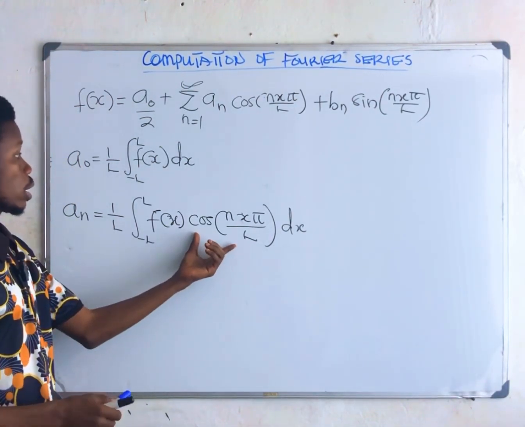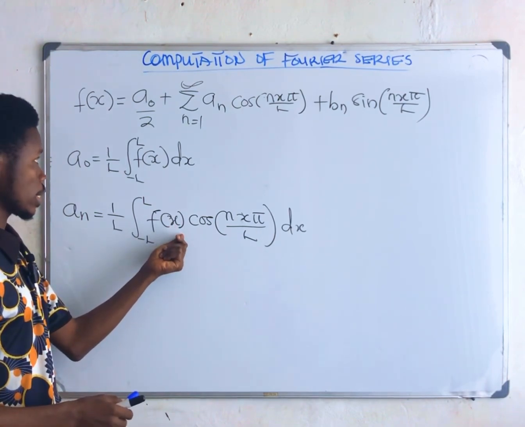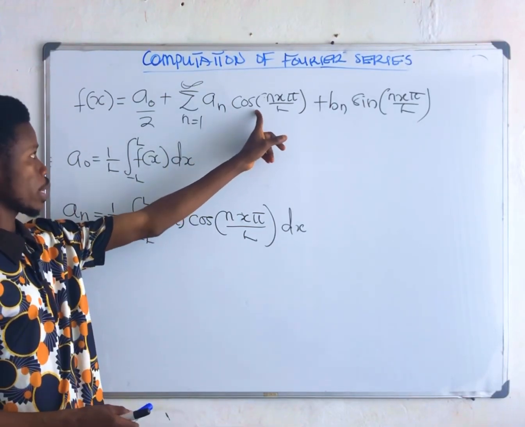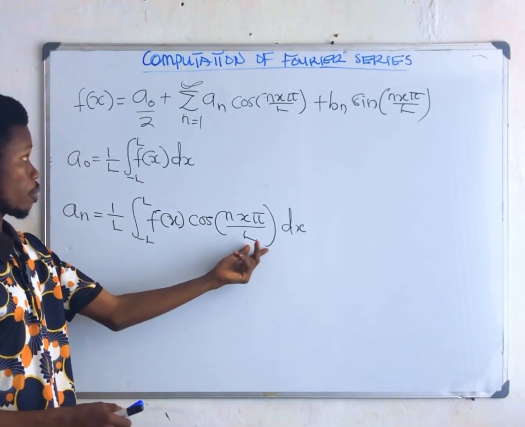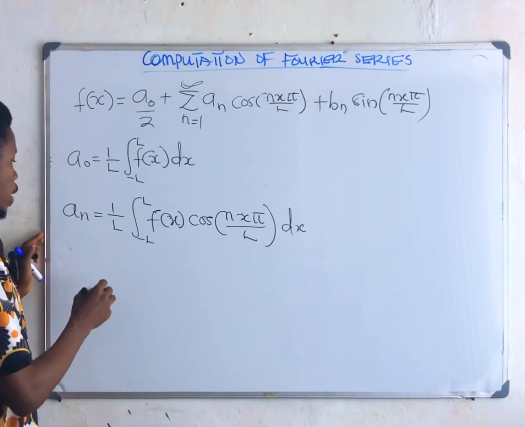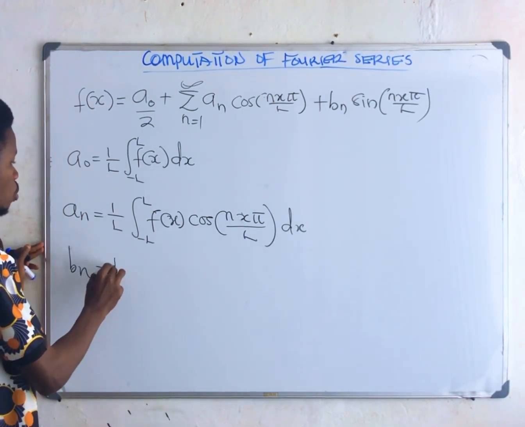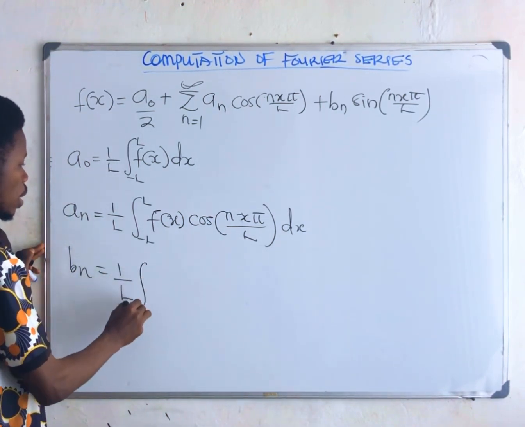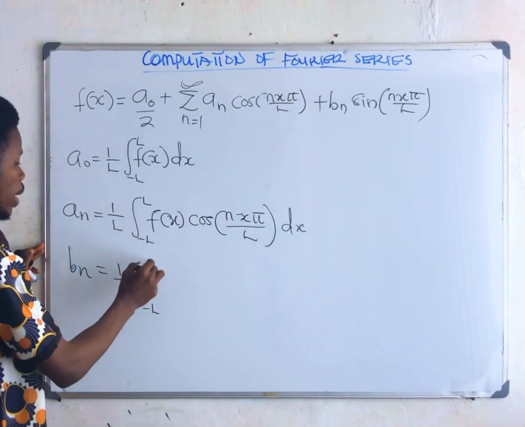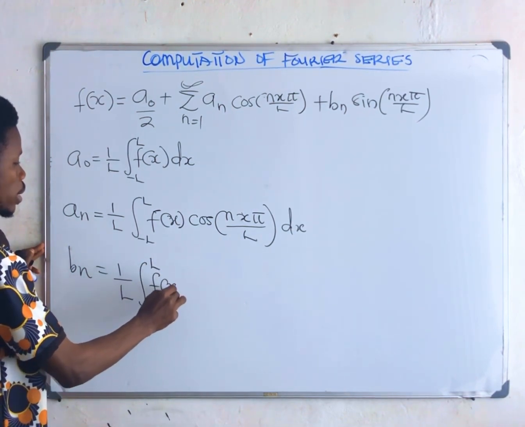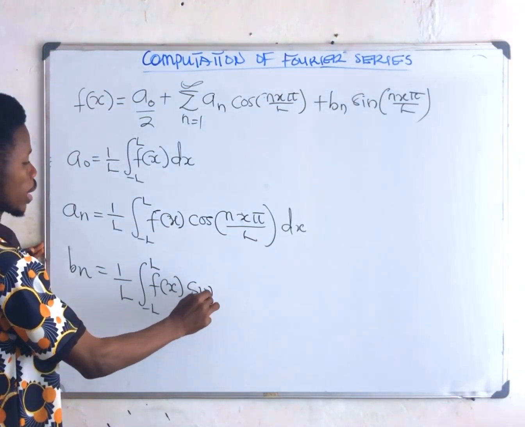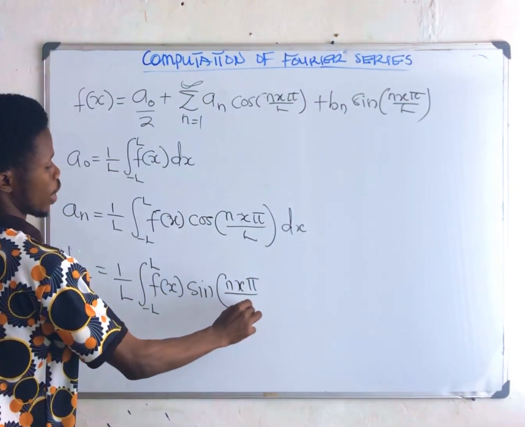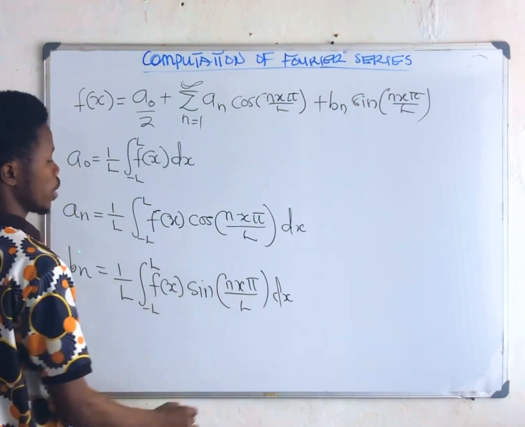This is nothing difficult, okay? The f at x is the function that will be given to you, but the an is multiplying the cos, so that is why I'm bringing the cos nx pi over l. So we have bn, which will also be 1 over l, the integral of negative l to l of f at x sine nx pi over l dx.